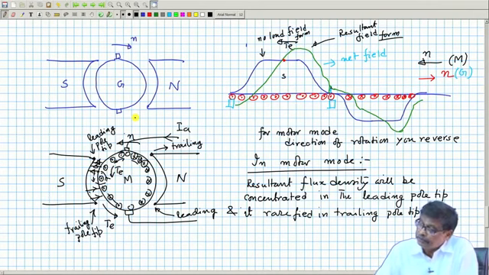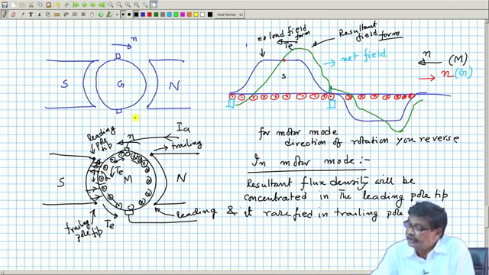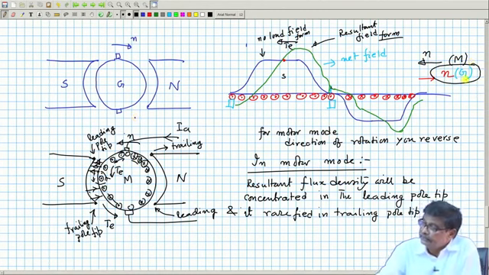What do you think the polarity of the interpole will be if it is acting as a generator? Suppose it is acting as a generator. This flux is going to induce voltage in the conductors which are undergoing commutation. What is commutation?